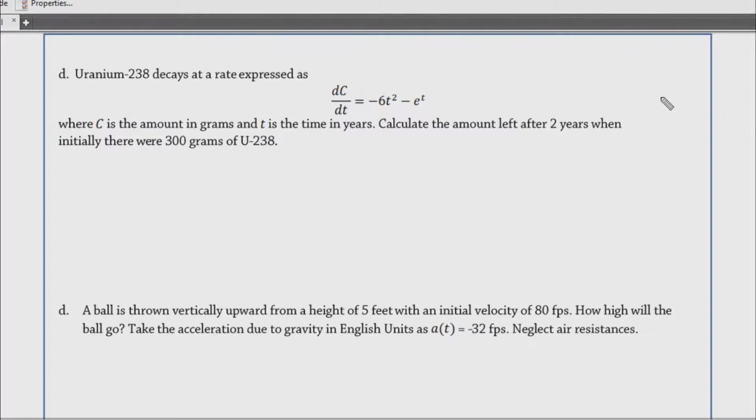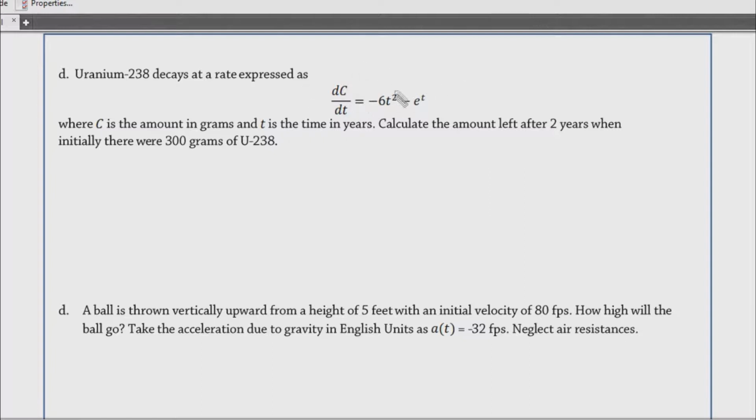So pwede rin natin talaga siyang i-apply sa ating chemistry. Now, this is your expression, and then again, uranium-238 decays at a rate expressed in this form. So C is the amount in grams and T is the time in years. Calculate the amount left after 2 years when initially there were 300 grams of uranium-238.